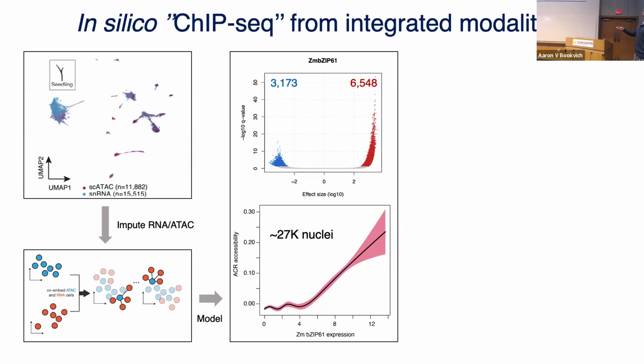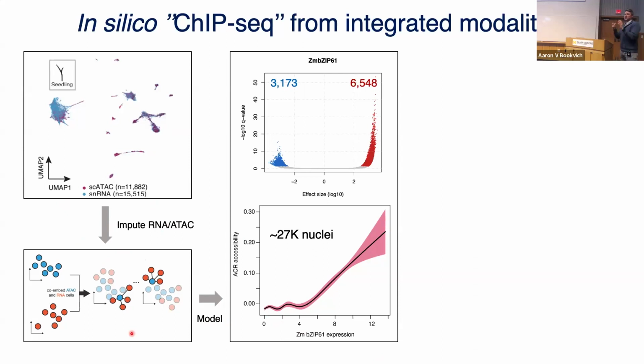And so the way that it works is we start with a fully integrated embedding, and actually this would be greatly improved by using the multi-omic profiling methods that exist now. What we did was we took this integrated embedding and then did a reciprocal imputation. So we imputed the RNA profiles onto the ATAC cells and then imputed the ATAC accessibility data onto the transcriptome cells. What that allows you to do is an association test between the level of expression of a given transcription factor and the accessibility at any given locus in the genome.